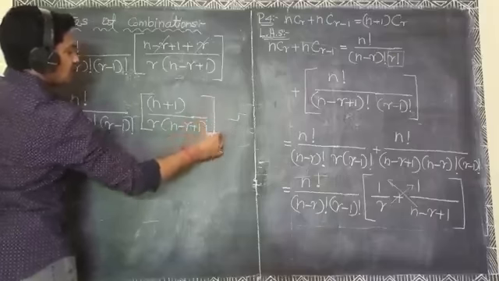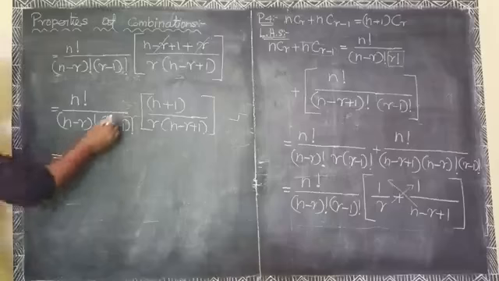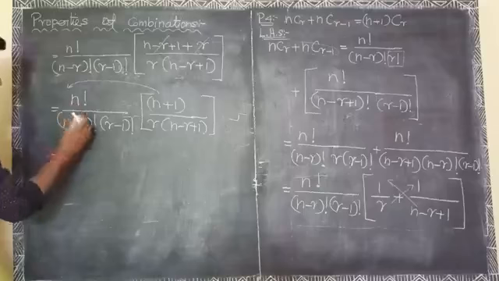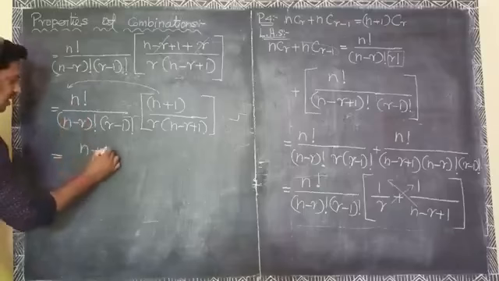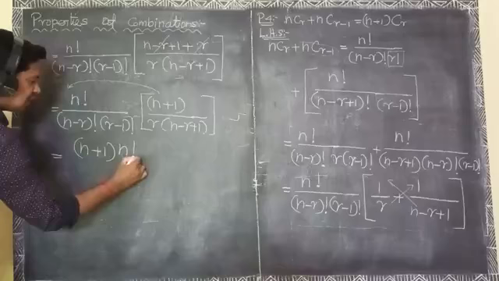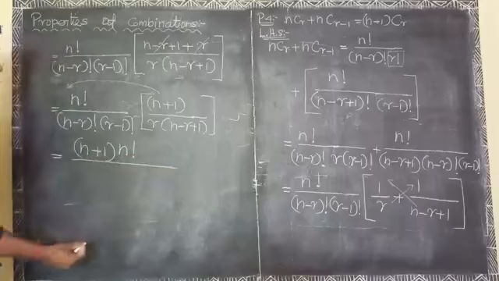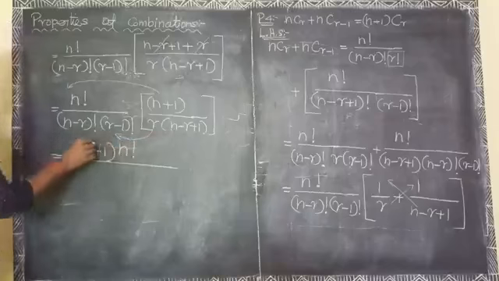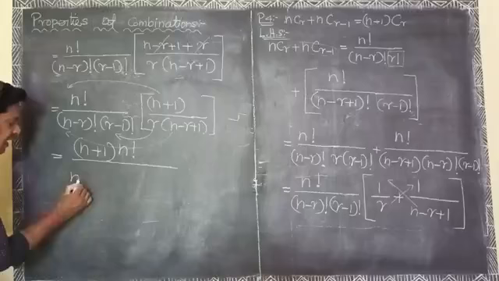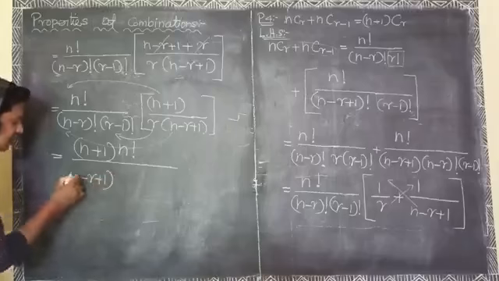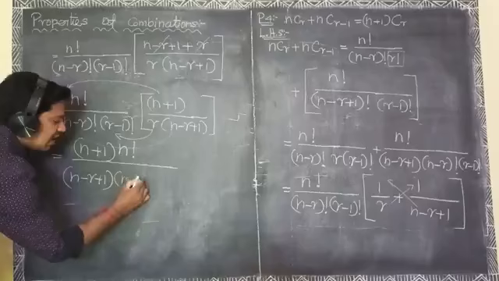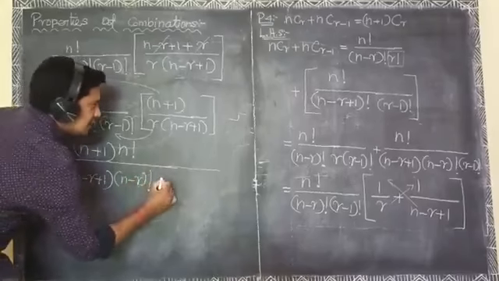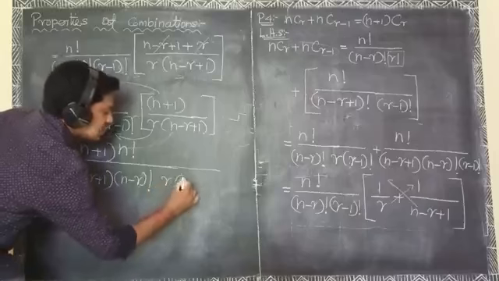Here the n plus 1 is multiplied into the numerator n factorial, giving n plus 1 into n factorial. Then the denominator is (n minus r plus 1) into (n minus r) factorial into r into (r minus 1) factorial.